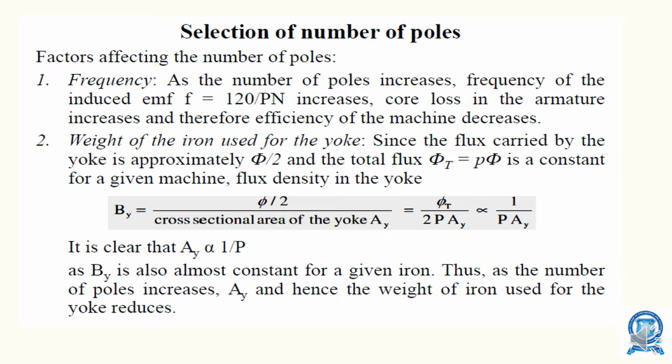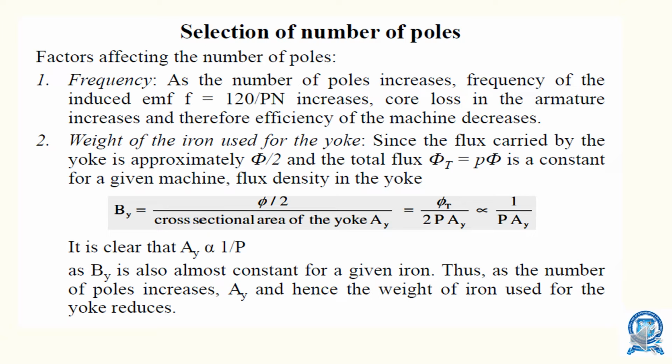Second factor: weight of iron used for yoke. Since the flux carried by the yoke is approximately φ/2, and the total flux φ = Pφ, is a constant for the given machine, the flux density in the yoke By is equal to φ/2 divided by the cross-sectional area of the yoke.